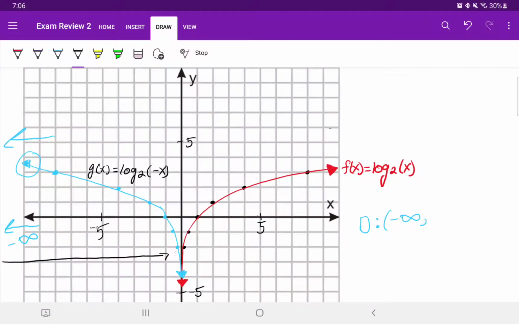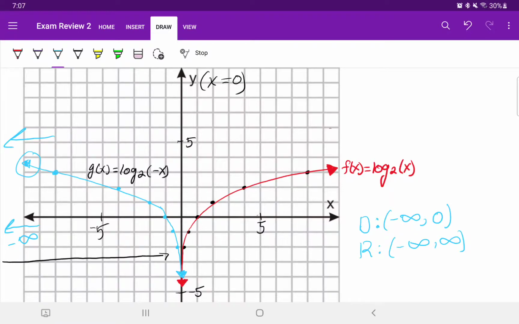This function right here is approaching the y-axis, but is not touching. When a function is approaching a line but not touching, that is an asymptote. The y-axis has an x value of 0. So the function is approaching the x value of 0, but it is not touching. That is my domain.